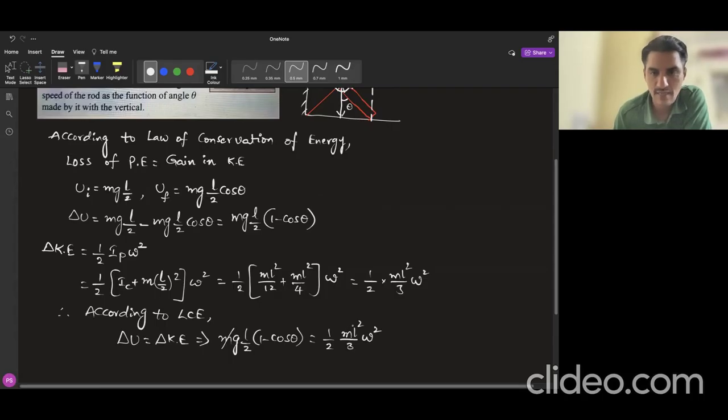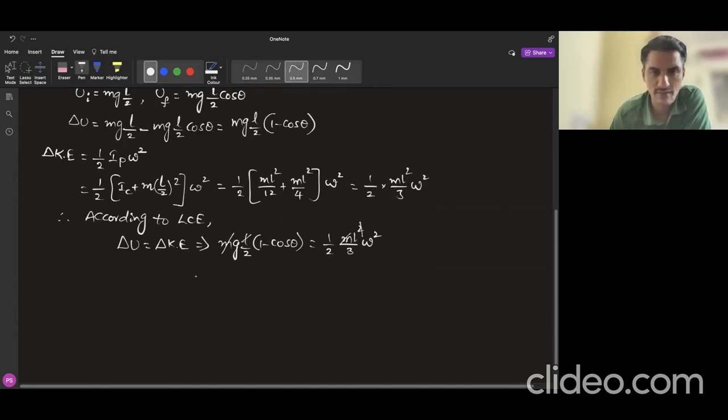Here m gets cancelled, and L and L square. Okay. So now let us simplify this. g by 2 into 1 minus cos theta is equal to L omega square by 6. Or else 2 also gets cancelled. So that g into 1 minus cos theta is equal to, here you have to get what? L omega square by 3.